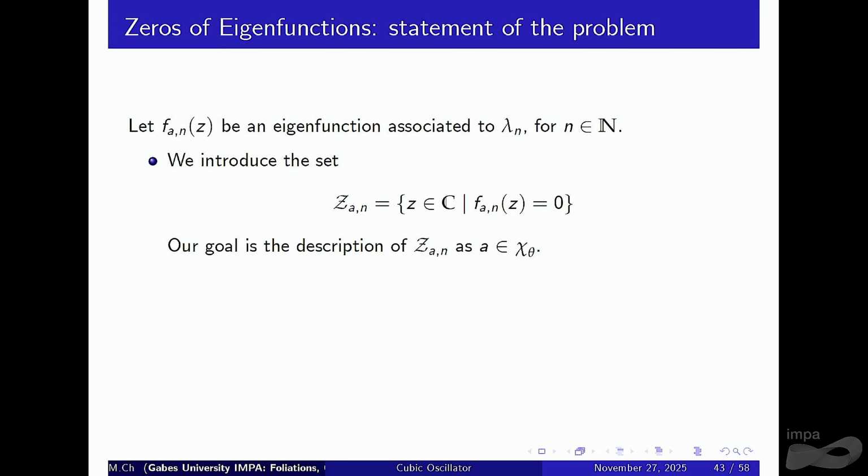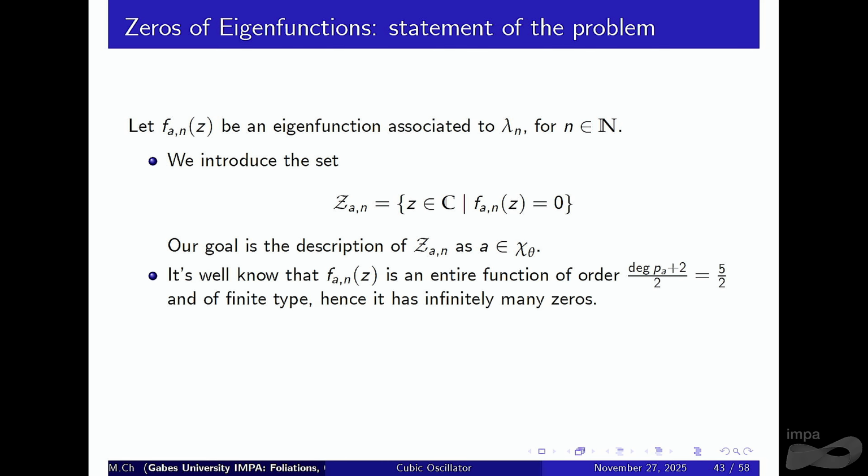So for the zeros, we introduced this set of the zeros of f, where f is an eigenfunction associated to lambda n. Our goal is the description of this set in terms of phi and theta.